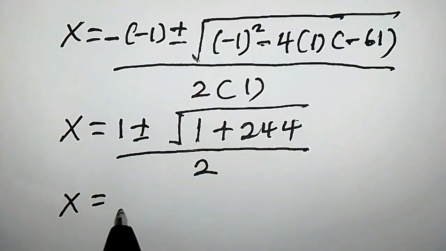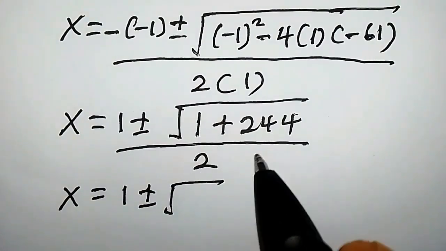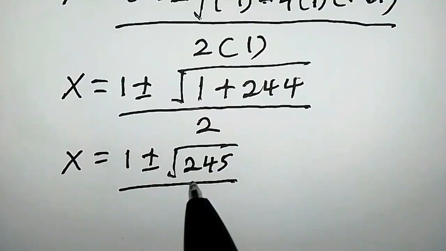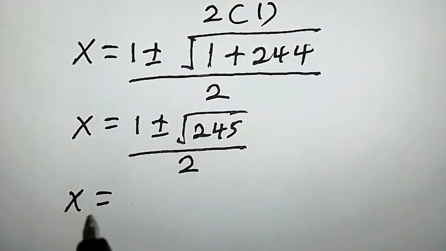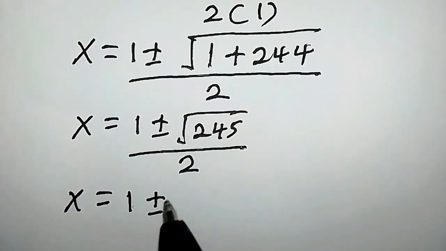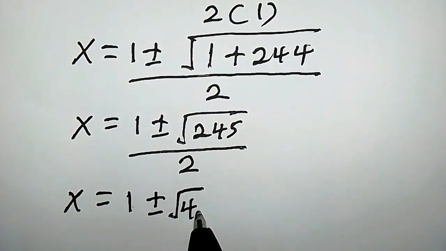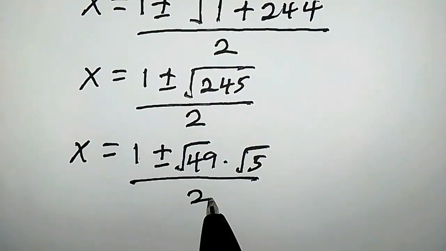X is equal to 1 plus or minus square root of 1 plus 244, that is 245, divided by 2. Let's proceed further. X is equal to 1 plus or minus square root of 245, which could be written as square root of 49 times square root of 5, divided by 2.